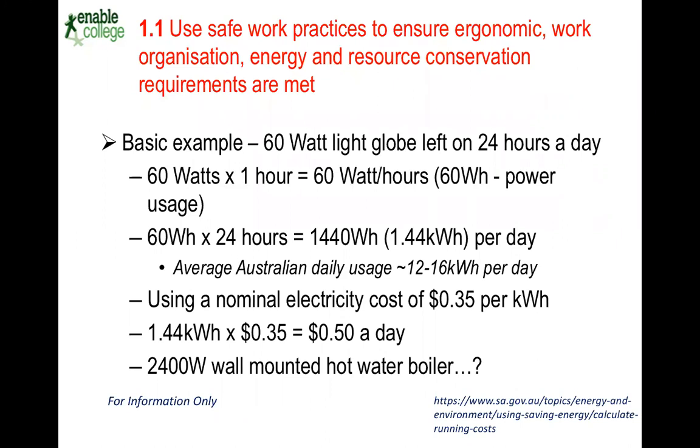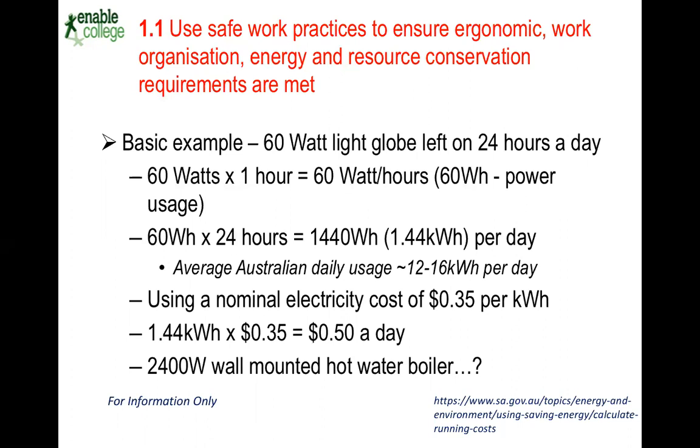I'm just using a basic example of a 60-watt light globe. That's just your standard light globe that you see when you drive down a street at night, and you'll see probably half a dozen of them glowing away in people's doorways. If you look at your electricity bill, you'll see these terms, kilowatt hours, and this is where we'll relate it in.